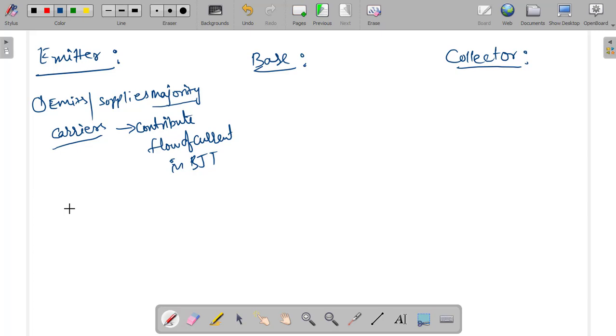Hence, this emitter should be heavily doped. What is doping? Adding impurities. So whenever you design a transistor, this emitter should be heavily doped. This is one of the competitive exam questions. Once it has been asked in the engineering services examination.